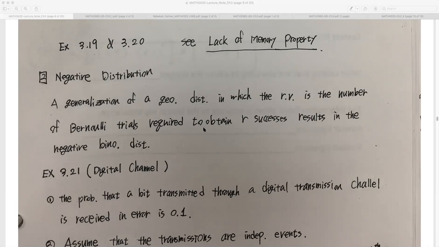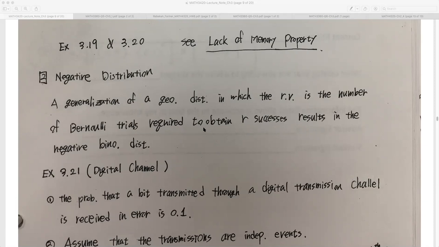The key difference: in the binomial distribution the total number of trials is fixed, and the random variable x denotes the number of successes out of n trials. But in the geometric distribution, the total number of trials is not fixed, and the random variable x denotes the number of trials until we get the first success.